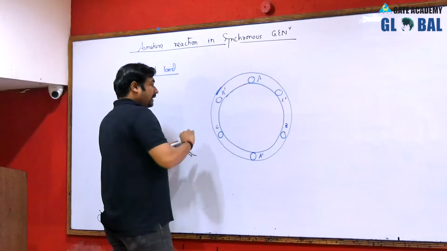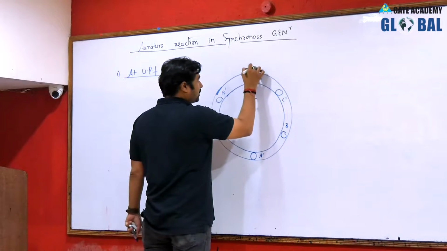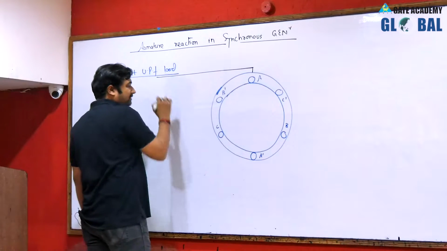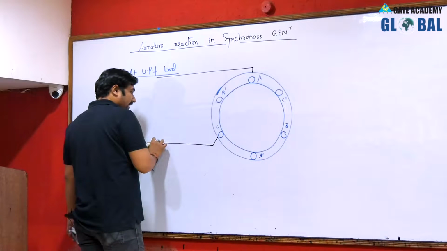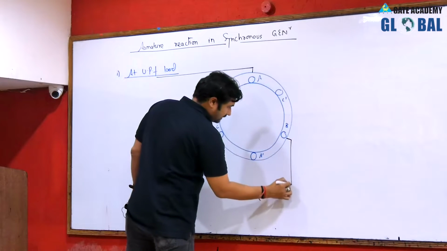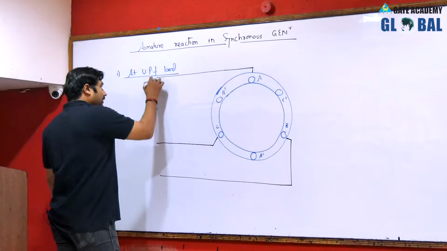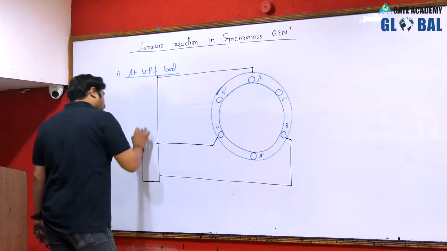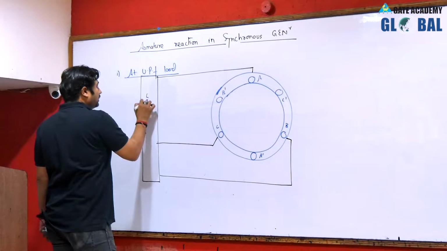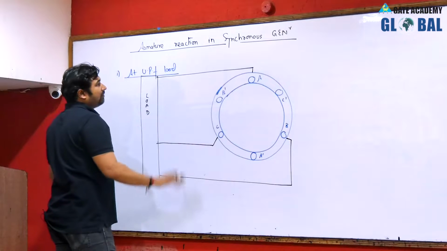A dash, B dash, C dash are shorted as we have discussed in the armature winding, and A, B and C, three wires, come out and a load is connected across these, and this load is of unity power factor.